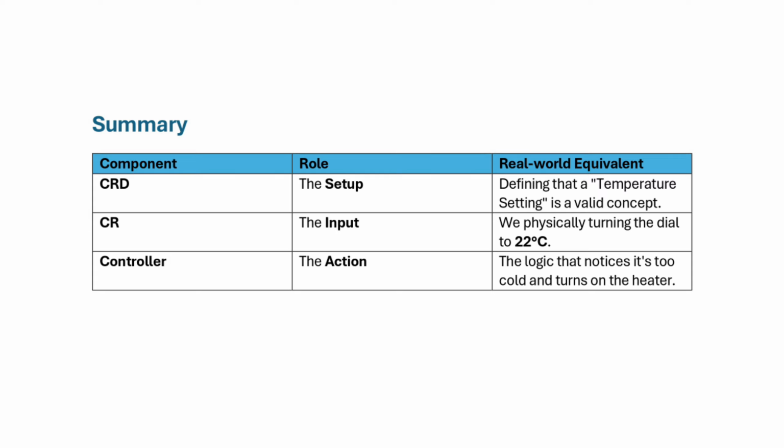So the CRD is the concept or the service we create, and the CR is what we actually want from that CRD, accessing the custom resource by specifying details of what we want to achieve. In this example, it is 22 degrees, and the controller is the actual brain that lets it execute and work.